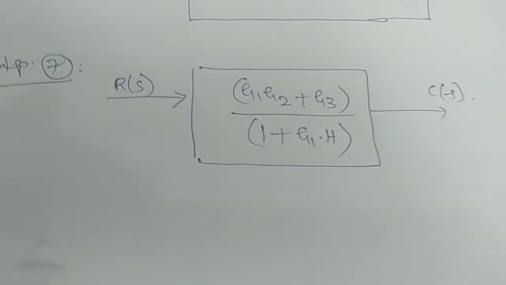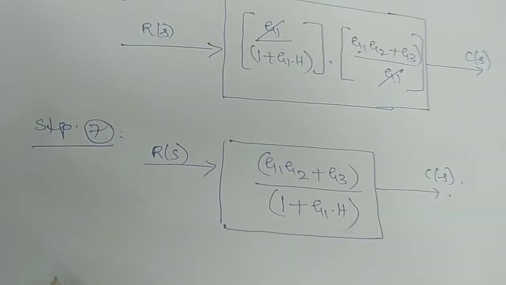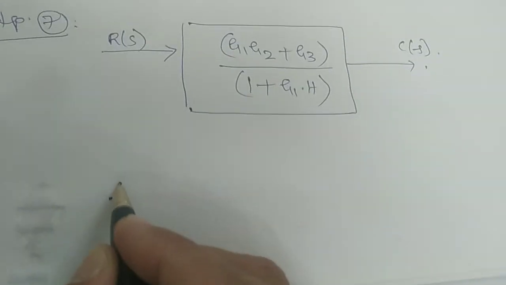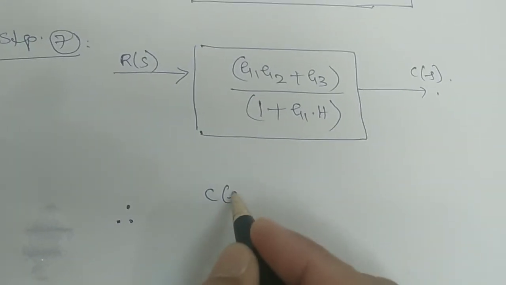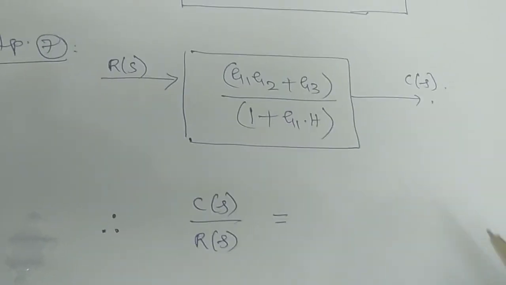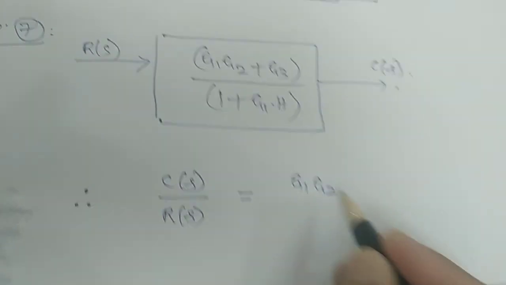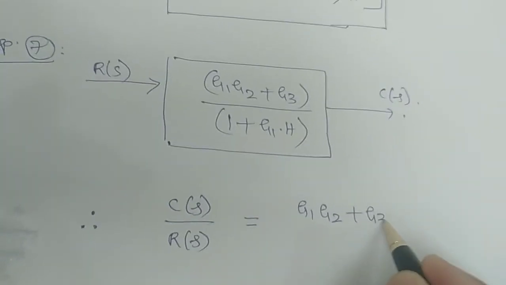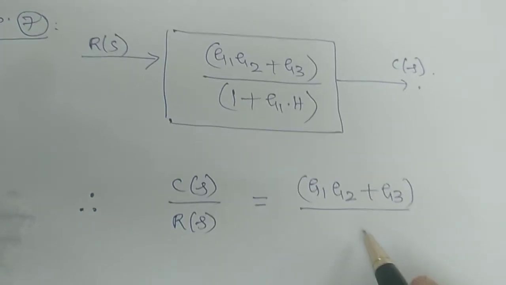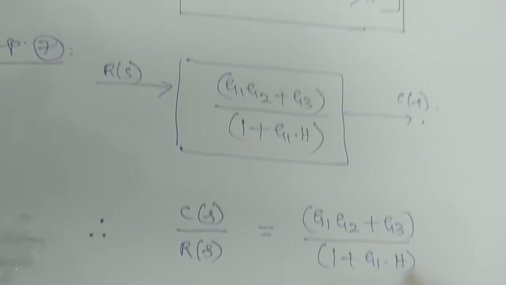Therefore finally C of s by R of s is nothing but this much only, that is G1 G2 plus G3 by 1 plus G1 H. Understood?